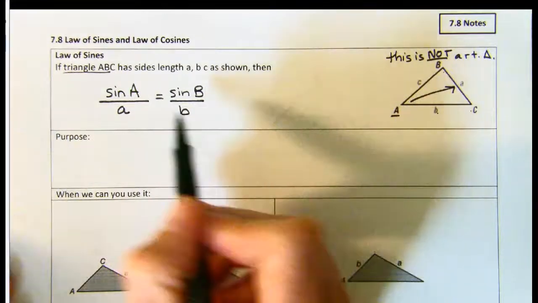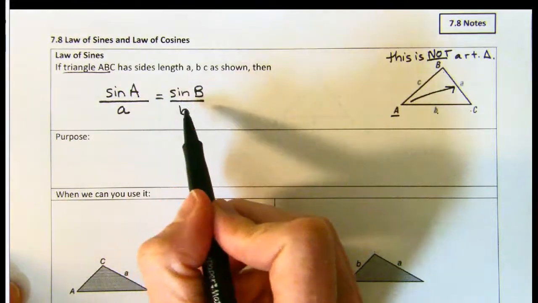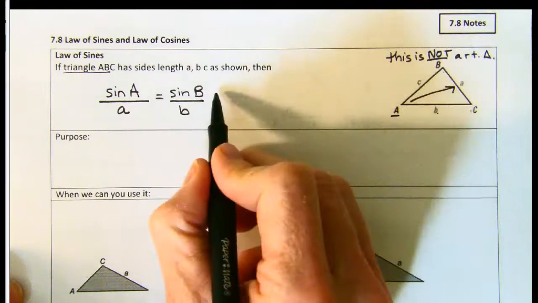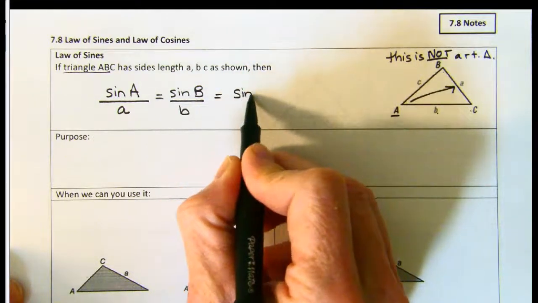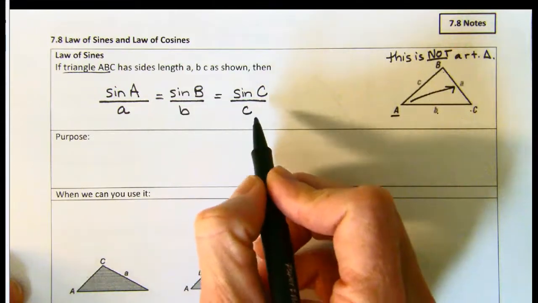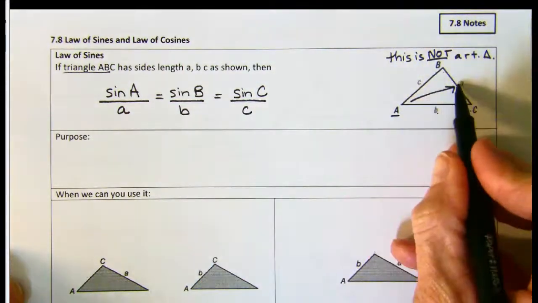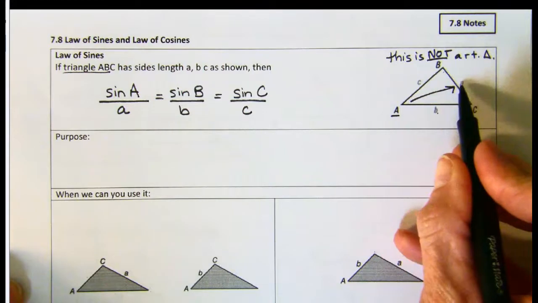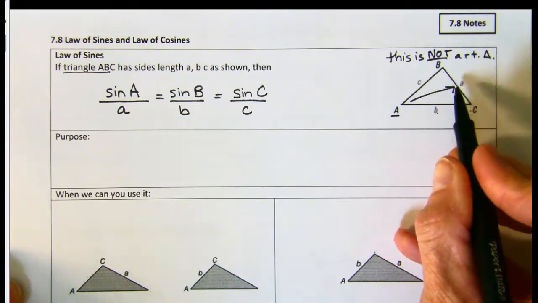So if you have any of those pieces, you can solve the proportion, but we also have sine of angle C over lowercase c. So the angles and the opposite sides are simply ratios.